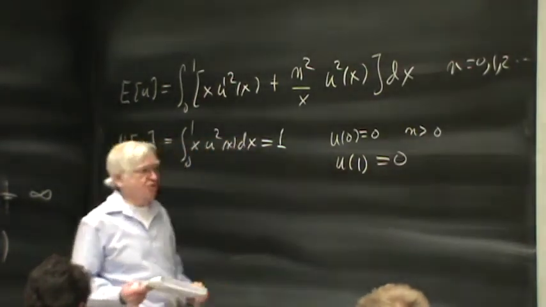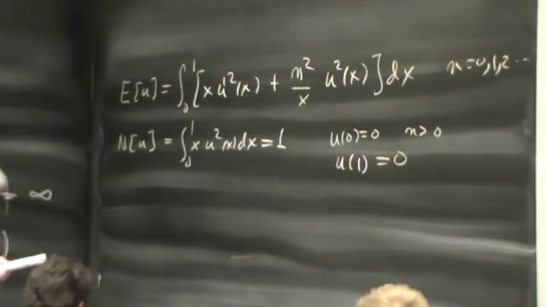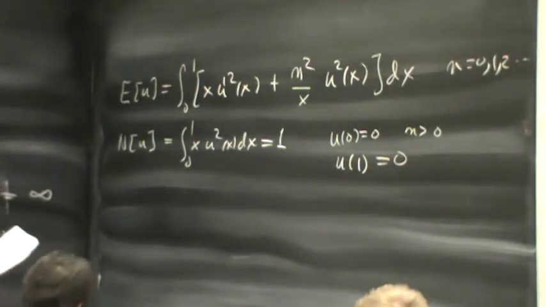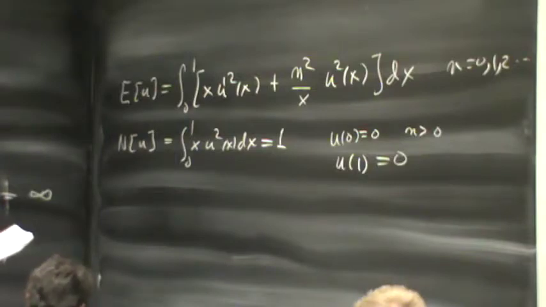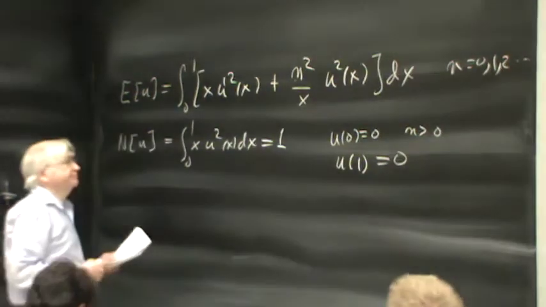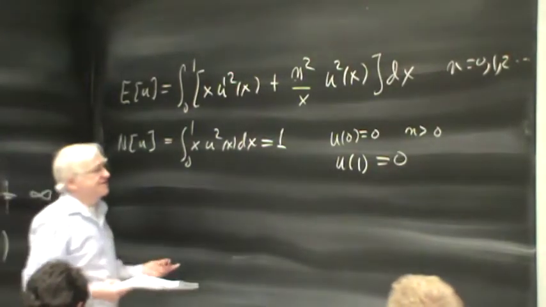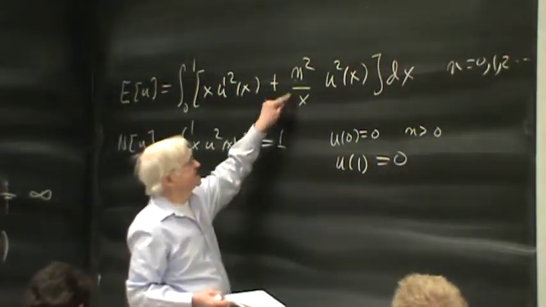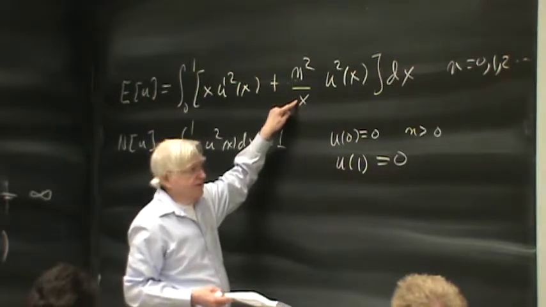So they all vanish at 1, and all of them vanish at 0 except for the case where n is 0. And you see why n equals 0 is singled out, because if n is 0, this singular term goes away.